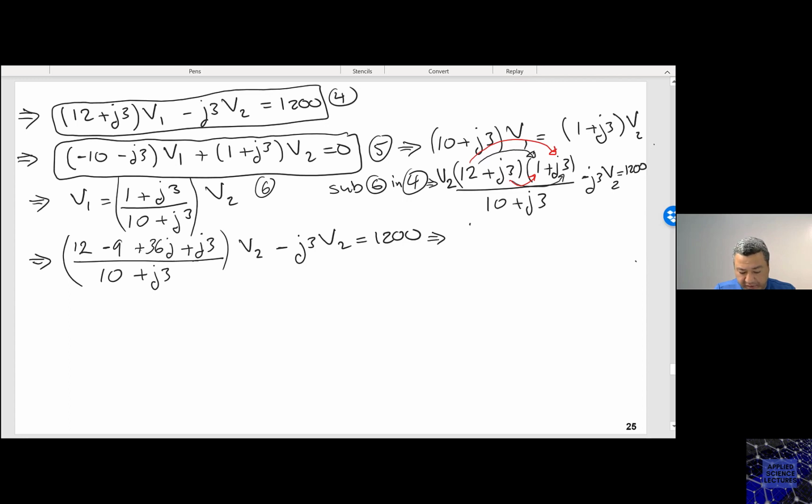So we have here (3 plus J39) divided by (10 plus J3) V2 minus J3 V2 equals 1200. Now we can go to the polar.